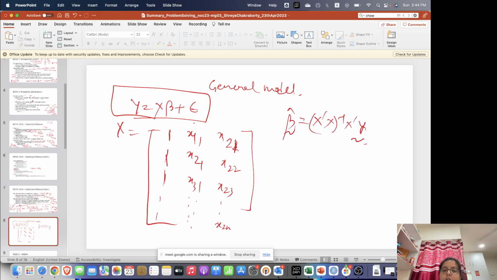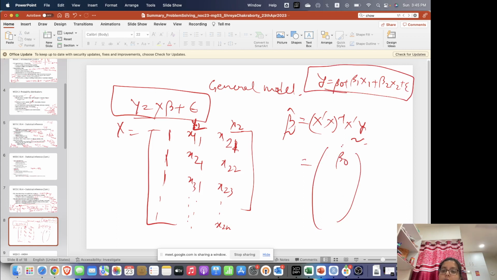Here let's say this is x1, this is x2, our model, if we write it, would be beta naught plus beta 1 x1 plus beta 2 x2 plus epsilon. This is my model. If we solve for this one, we would get a 3 variable vector, beta naught hat, beta 1 hat and beta 2 hat. Okay. This is the thing that we can obtain directly from the software and indirectly by solving these matrix equations manually.